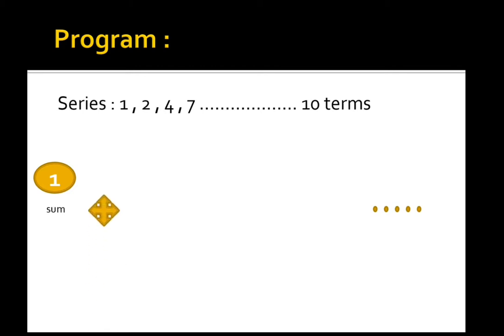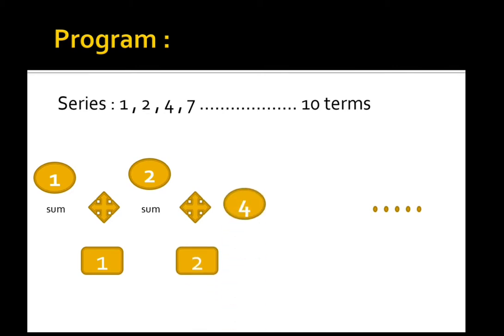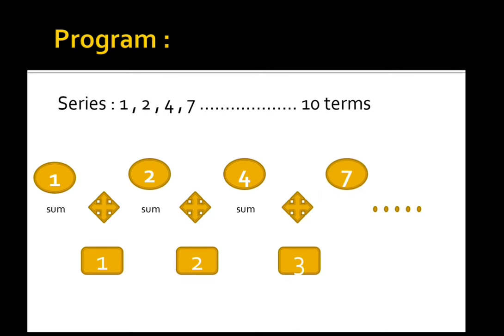I add 1 with 1, then I get 2, but I have to store it in sum only. Then I add 2 with 2, I get 4, and I store it in sum only. Then I add 4 with 3, and I get 7, which is stored in sum only.